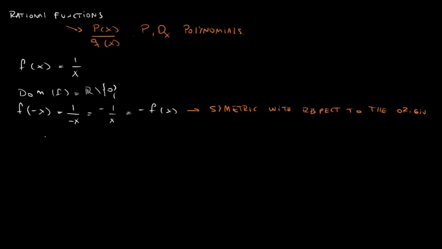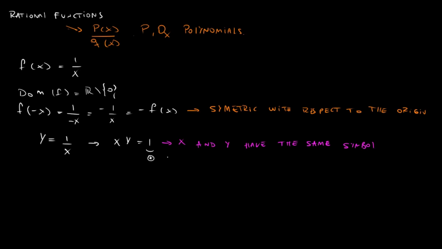And if we say that y, a number, equals 1 over x, then multiplying by x on both sides we get that x times y equals 1. And then this tells us that both x and y have the same sign, because their multiplication is a positive number.